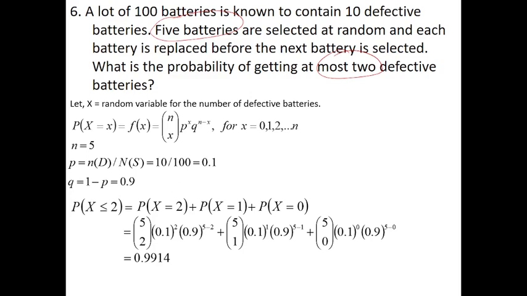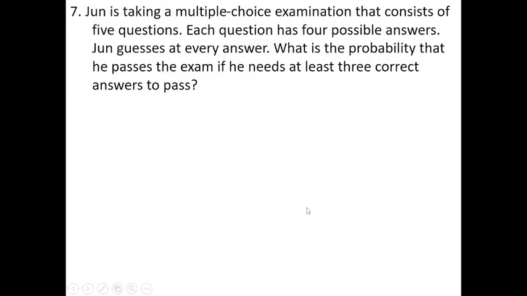Alright, so we can proceed. Okay, number 7. June is taking a multiple choice examination that consists of 5 questions. Each question has 4 possible answers.